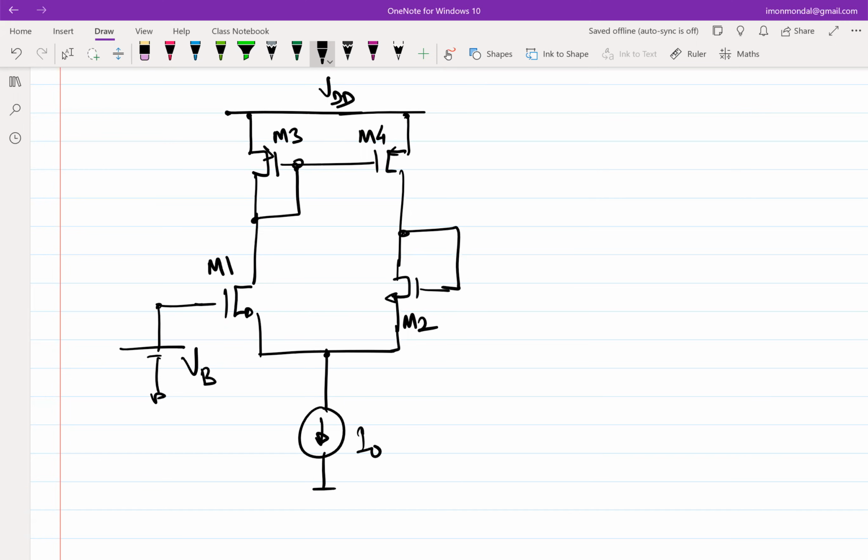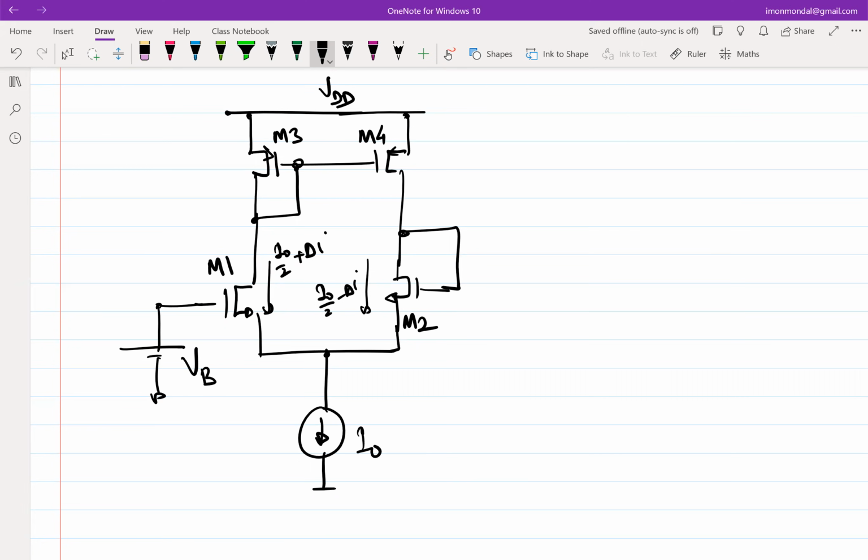But you can start off by assuming that there is no GDS. If there is no GDS, let's assume that instead of I0 by 2, this is I0 by 2 plus delta I, and this is I0 by 2 minus delta I, because the total has to be I0, right?